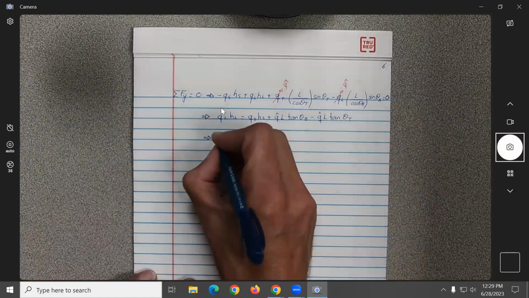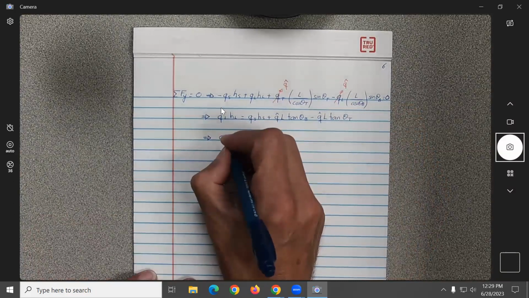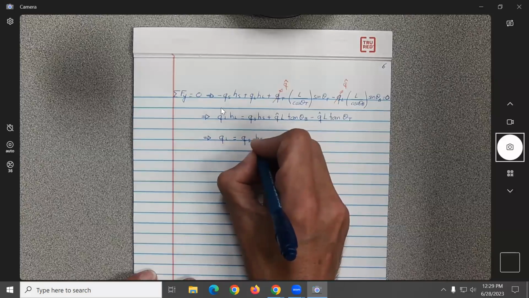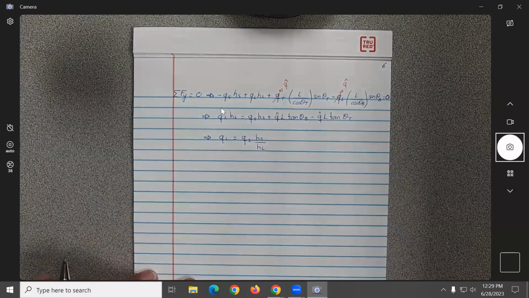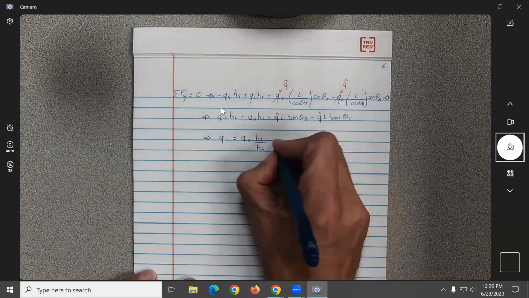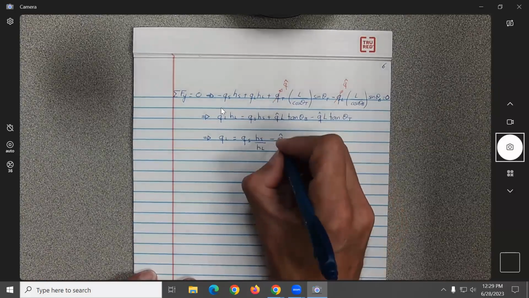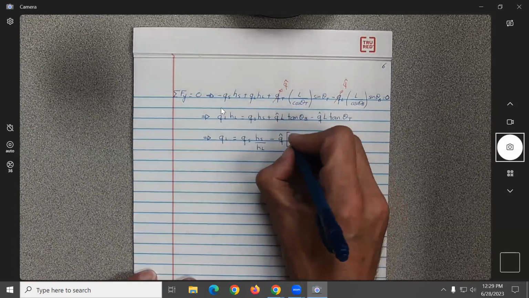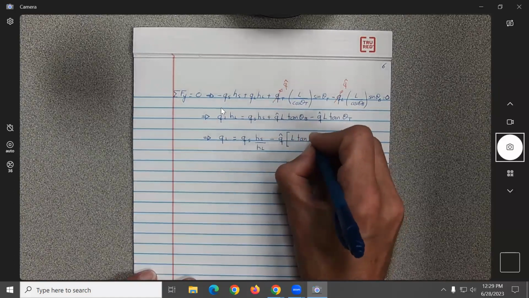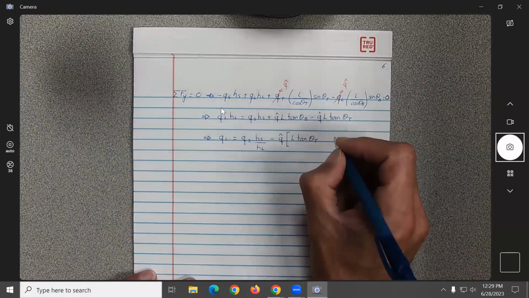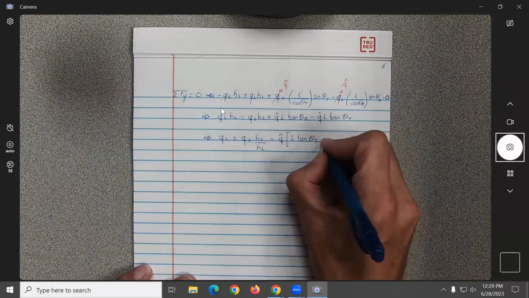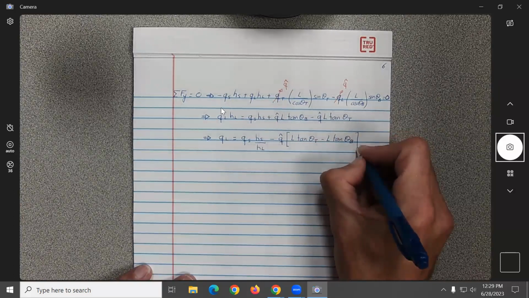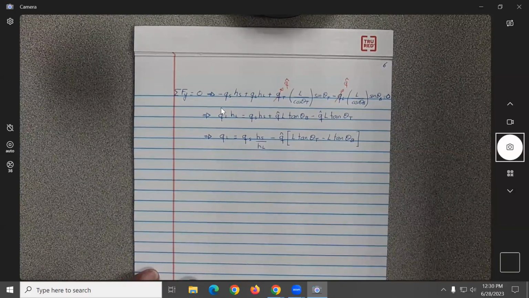Okay, this will give us that Q sub L is equal to Q sub S, H sub S divided by H sub L minus Q hat of L tangent theta top minus L tangent theta bottom.